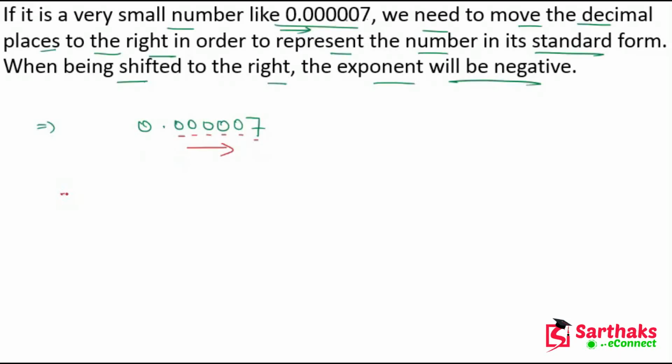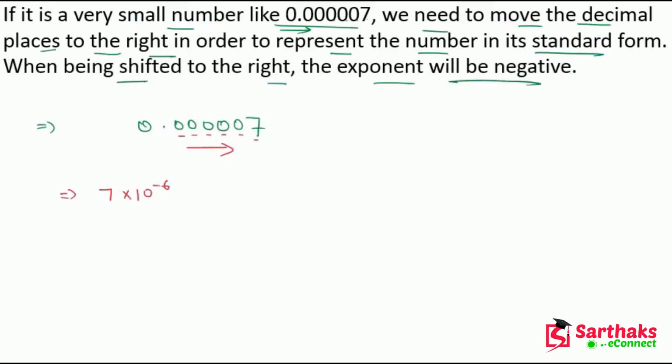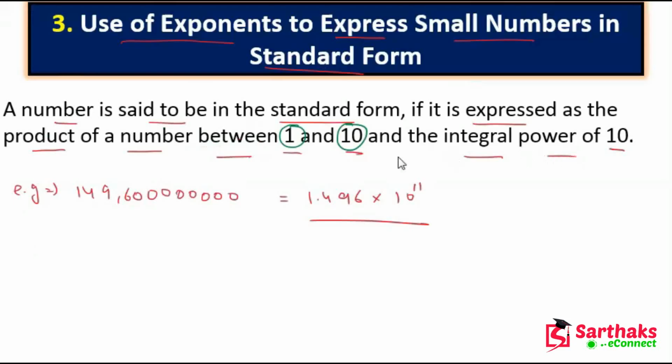Therefore our standard form representation is 7 into 10 raised to power minus 6. This is our definition of the standard form: a number is said to be in the standard form if it is expressed as a product of a number between 1 and 10 and an integral power of 10.